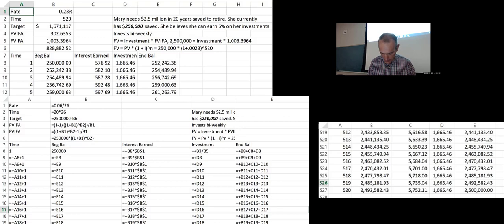She believes she can earn 6% on investments. Is that a present value problem or a future value problem? Future value. Whenever you're talking about saving for the future, that's a future value problem. When you're talking about loans and borrowing money, those are present value because you're borrowing money for something where you know the price today.